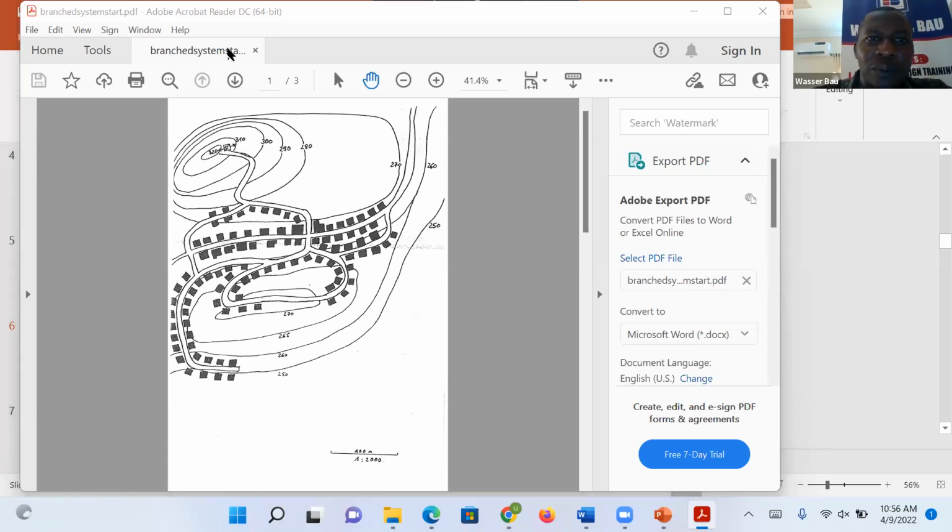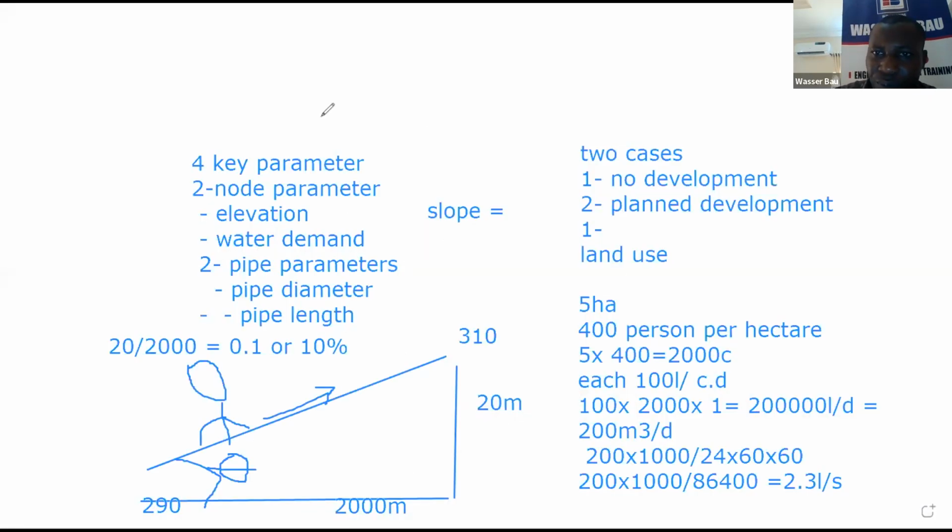Okay, I'm sharing it now. So here I'll count the number of houses and then calculate their total. What we need to establish now is the demand for one house. So what kind of house?